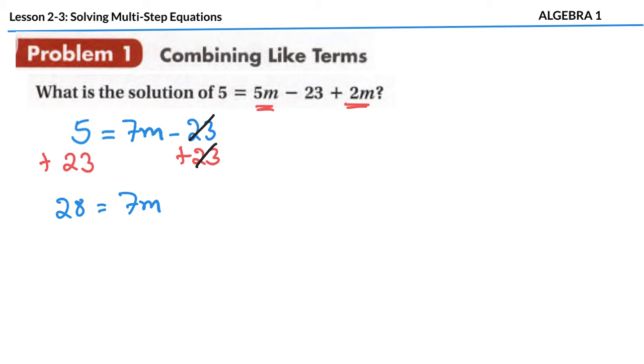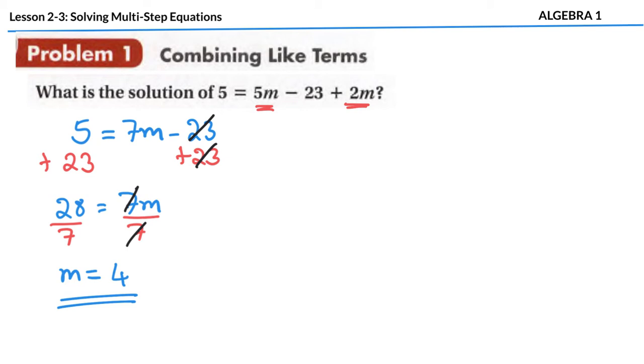You remove multiplication by division. So divide by 7 on both sides. So what happens? 7 and 7 cancel over here. You're left with m is equal to 28 divided by 7 is 4. So, this is the solution of the equation. So, look for like terms and combine them.